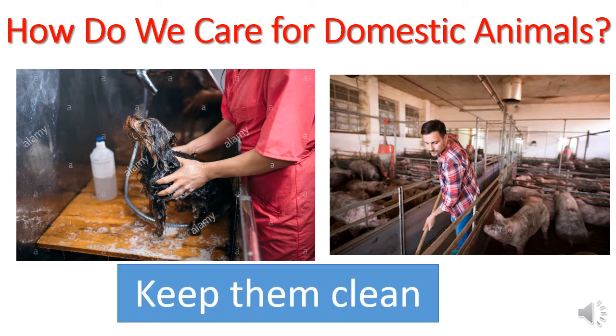What should I do for the domestic animals? We said domestic animals are animals that can live with us. We have to take care of them. How? By giving them food, giving them clean water, sheltering them, and finally keeping them clean.